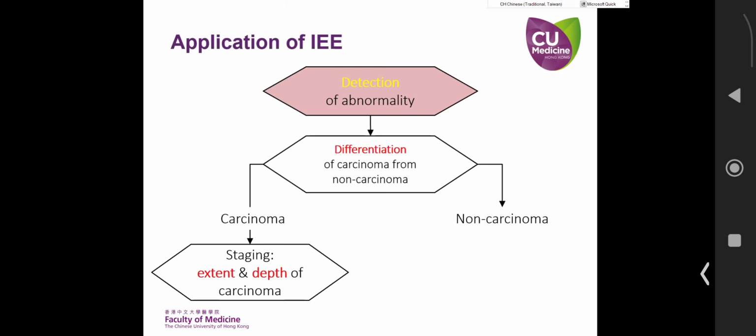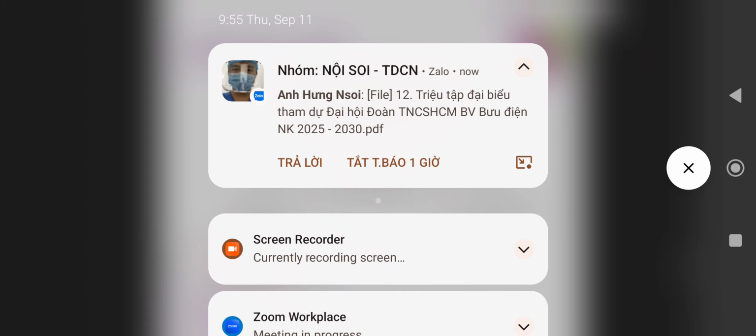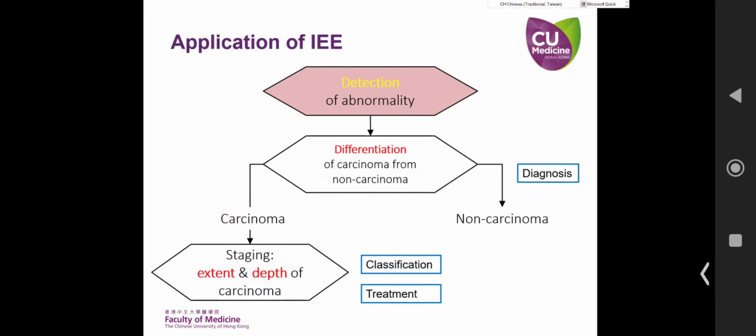So using image enhanced endoscopy, the main aim is to achieve all this: make the diagnosis of whether this is malignant or not. Then if this is a malignant lesion, we need to determine whether this is a mucosal lesion or a submucosal lesion. So these are all the basic steps.